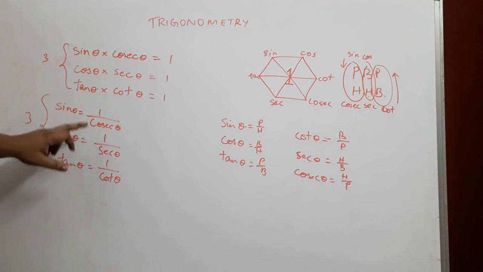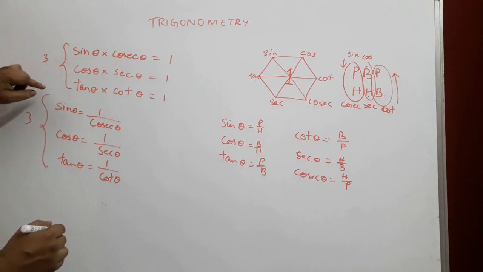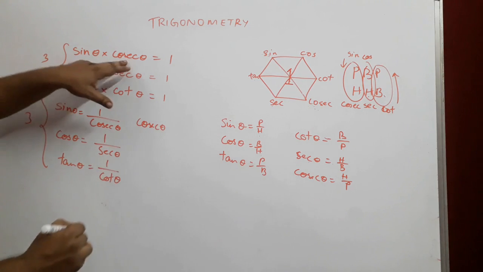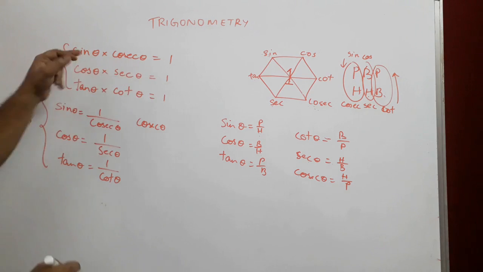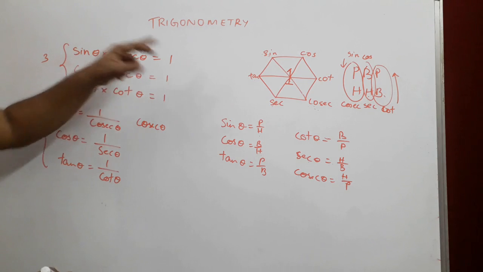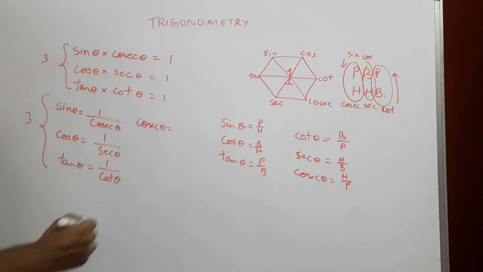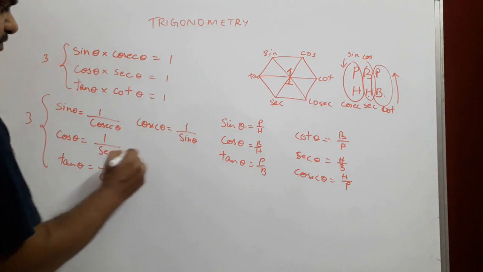What about cosec, sec and cot? Yes, we can definitely write similar things for them. For example, cosec theta. Here we keep cosec theta on the left hand side and we take sine theta to the other side. Because these are multiplied, when they go on the other side they get divided and go into the denominator. So cosec theta can be written as 1 upon sine theta.